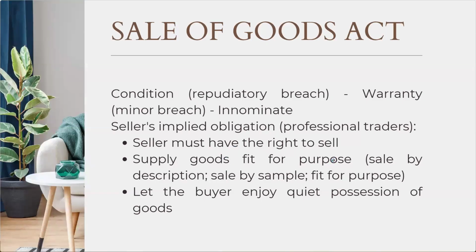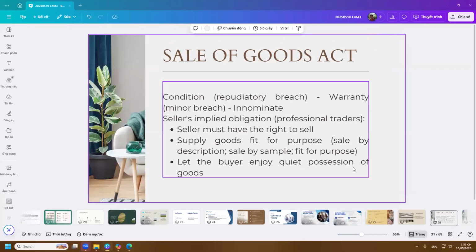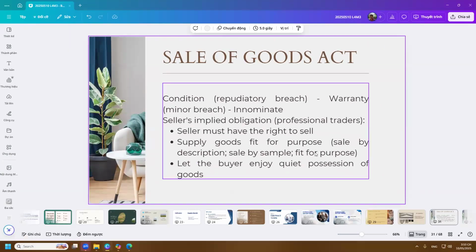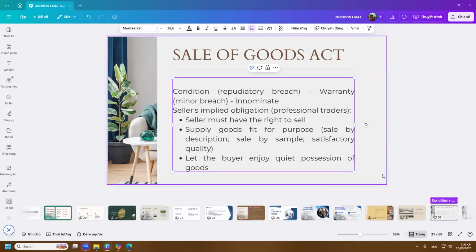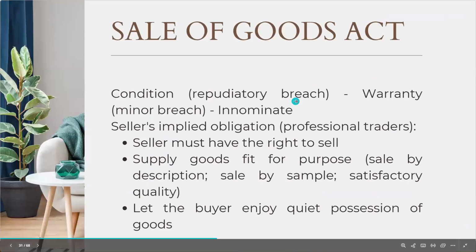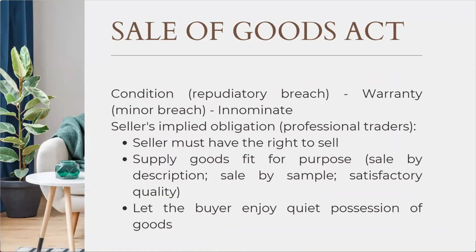There are three types here. And finally, the seller must let the buyer enjoy quiet possession of the goods. And the buyer has the implied obligation to pay and to accept the goods ready to be delivered to the buyer.